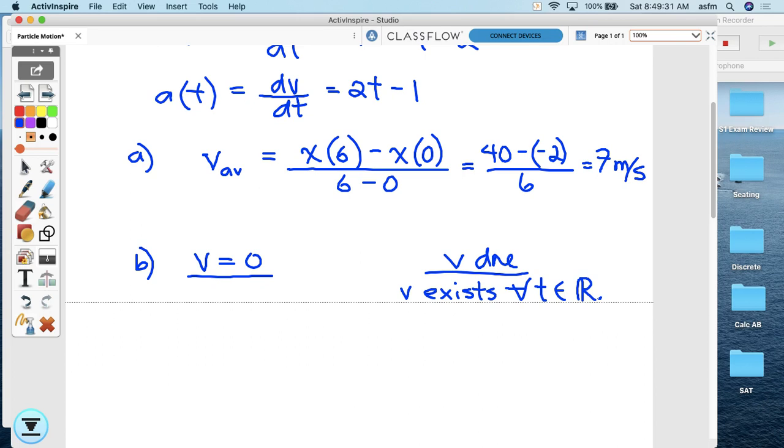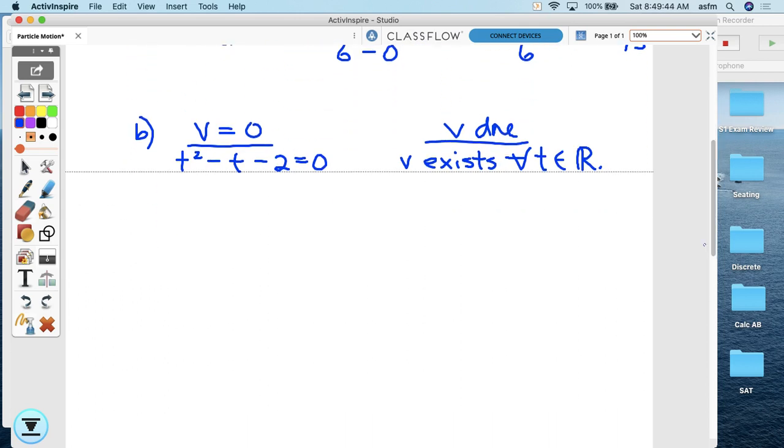When is the velocity equal to 0? Well, the velocity is going to be equal to 0 when our velocity function, which was t^2 - t - 2, is equal to 0. And so we can see that this is going to factor out quite nicely into (t + 1)(t - 2), which gives me two critical values, t = -1 or t = 2.